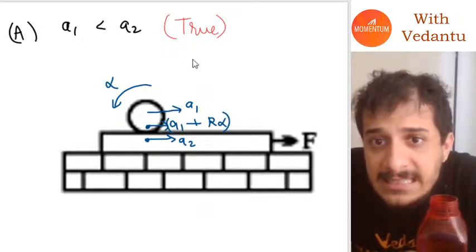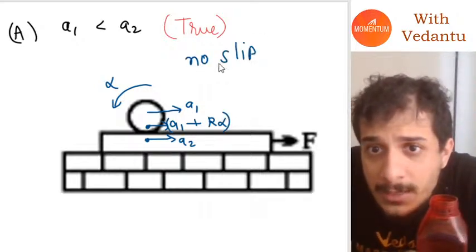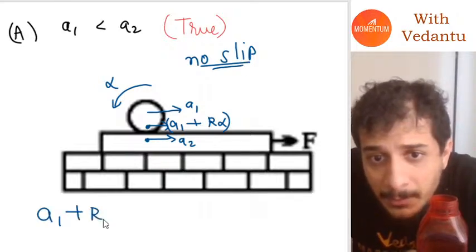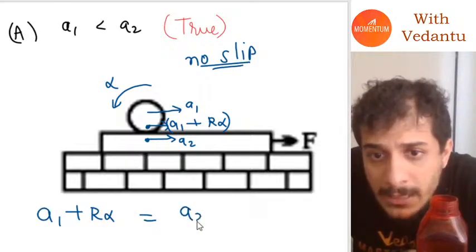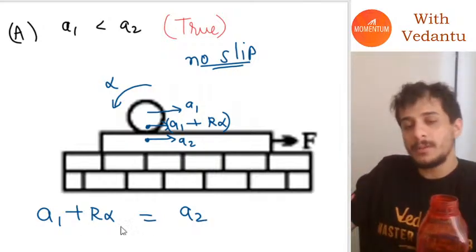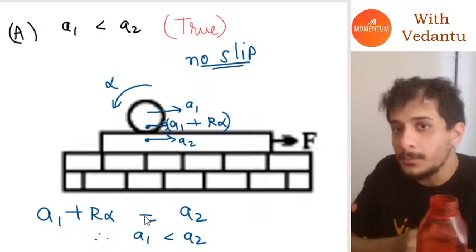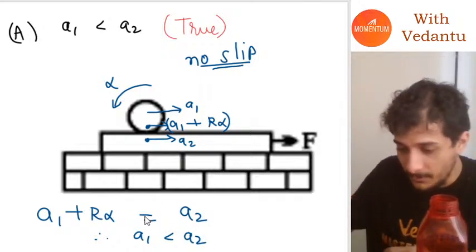Since there is no slip between the two of them, I can write that a1 plus r alpha is equal to a2. Now if you see this, guys, this means that a1 will be smaller than a2. That means our statement will be true.